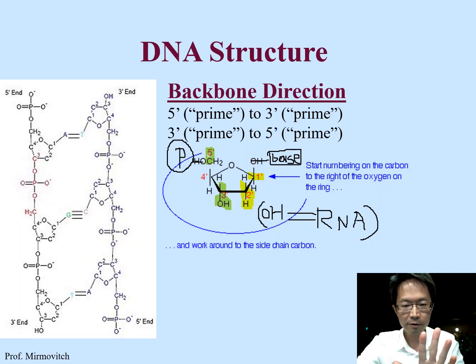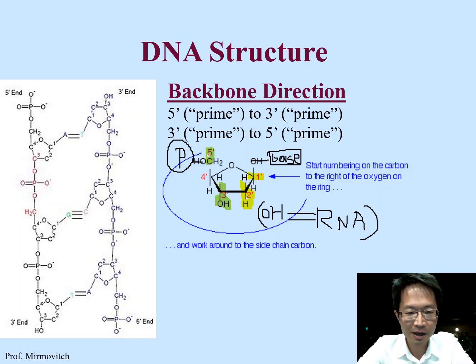So therefore, each carbon atom has their own function, except the 4' carbon. The 1' carbon connects to the nitrogenous base. The 2' carbon determines whether it is a deoxyribose or a ribose. In other words, the 2' carbon determines whether it is DNA or RNA. The 3' carbon, what does it do?